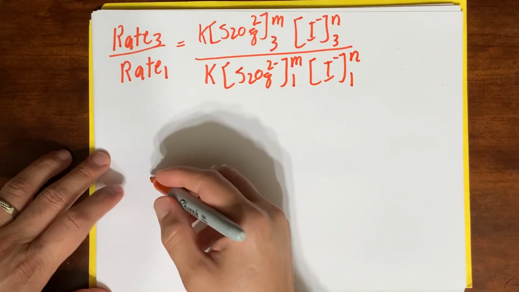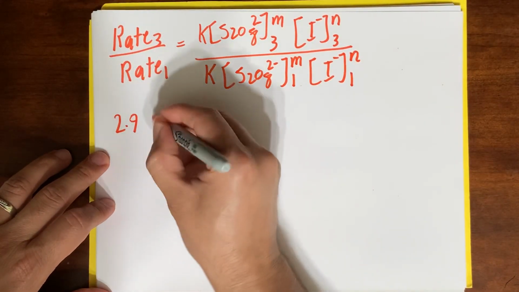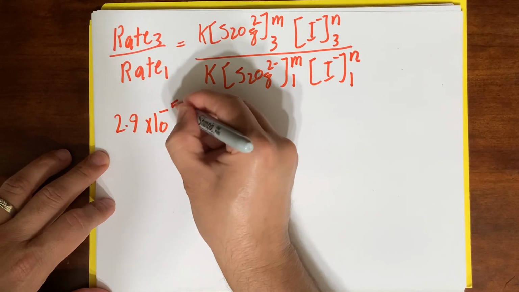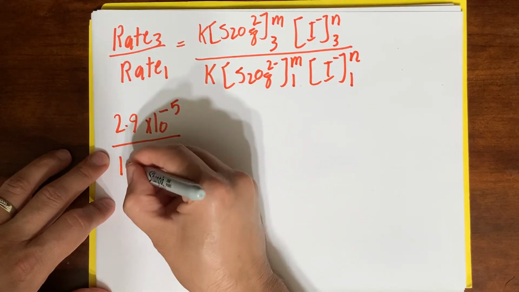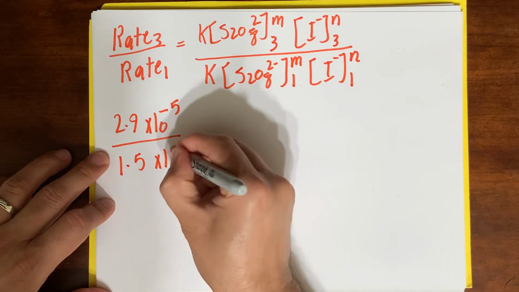Rate of the third experiment is 2.9 multiplied by 10 to the power of minus 5. Rate of the first experiment is 1.5 multiplied by 10 to the power of minus 5.